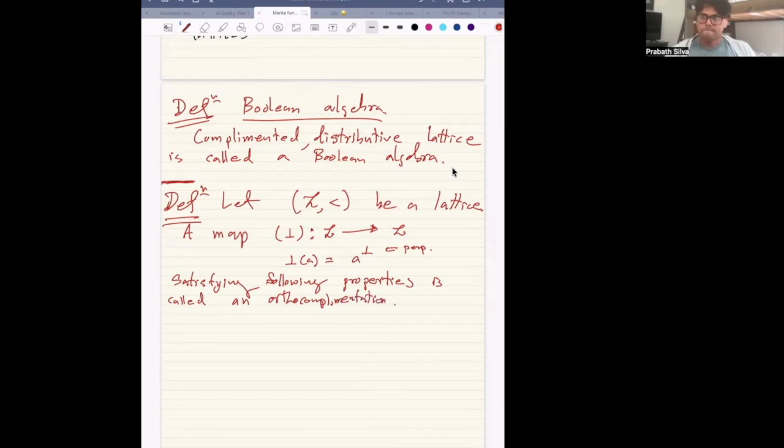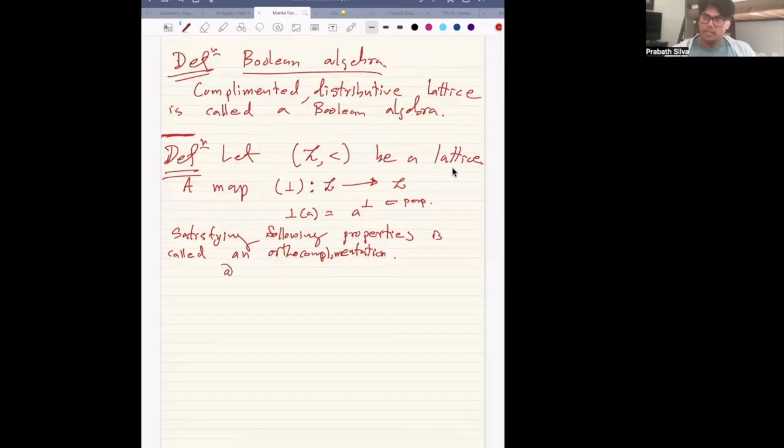The first property is that this is a bijection. The second property: if you have a bigger element, the auto-complementation is smaller.